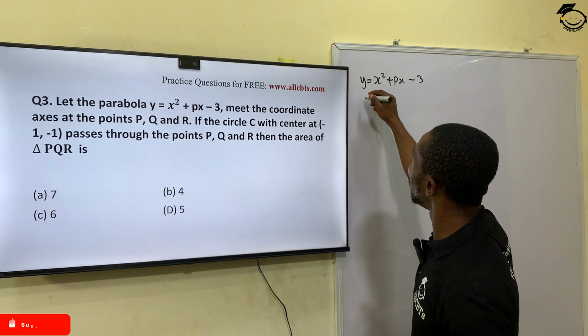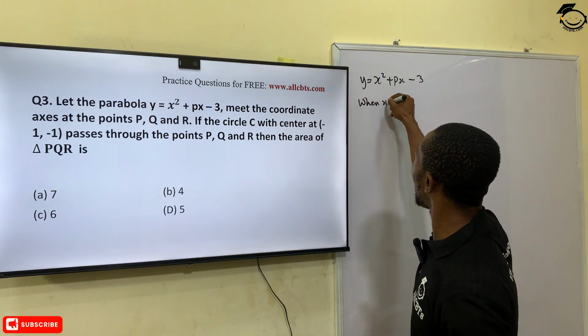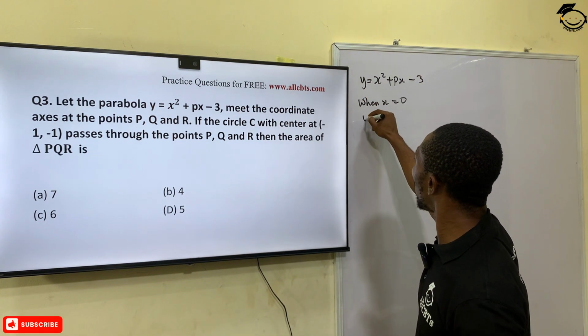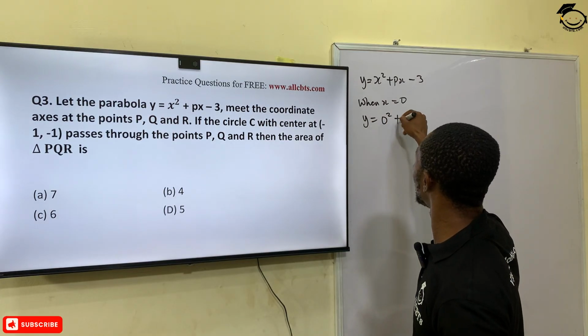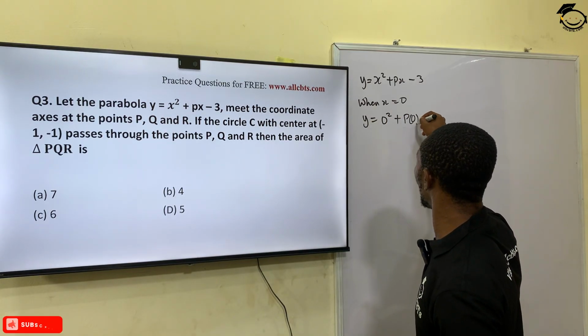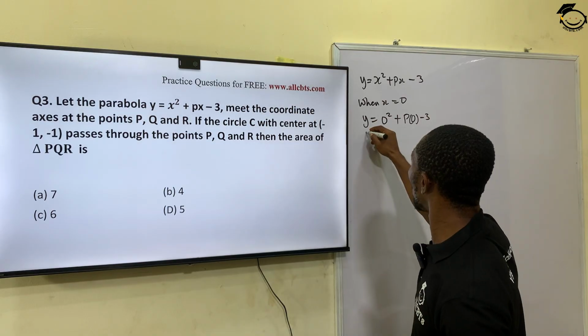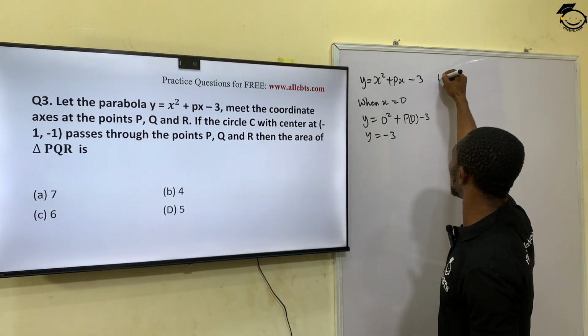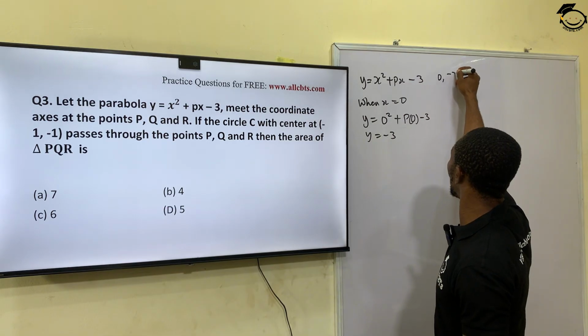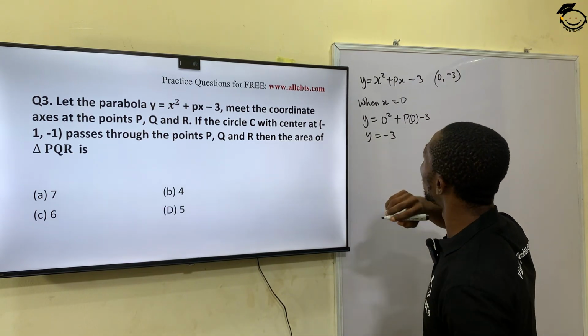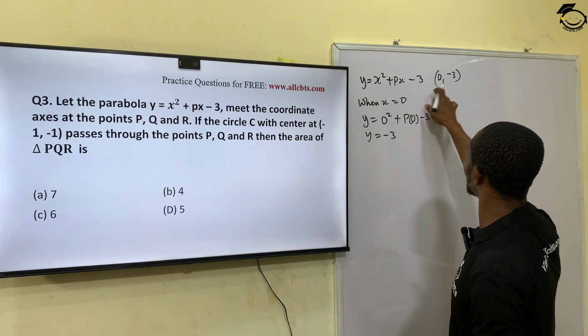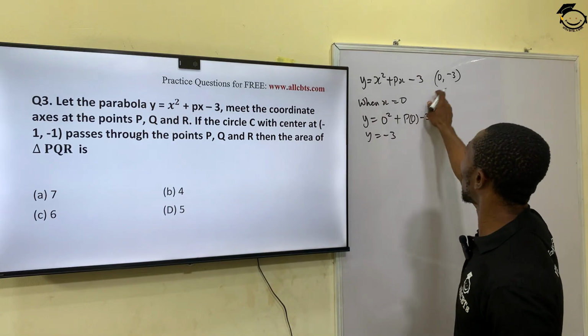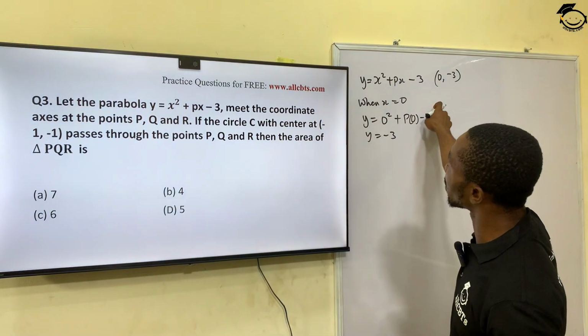So when x equals 0, our y would be 0 squared plus p bracket 0 minus 3. So our y here will give us minus 3. So when x is 0, y is minus 3. Now, with this, we know that point P is at the y-axis.